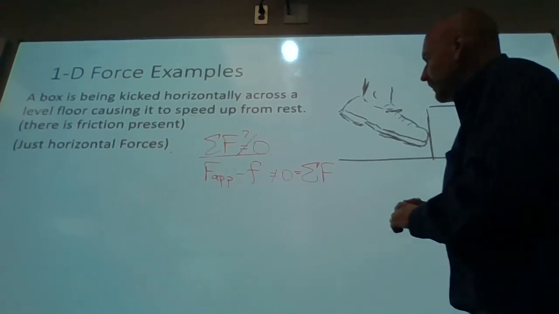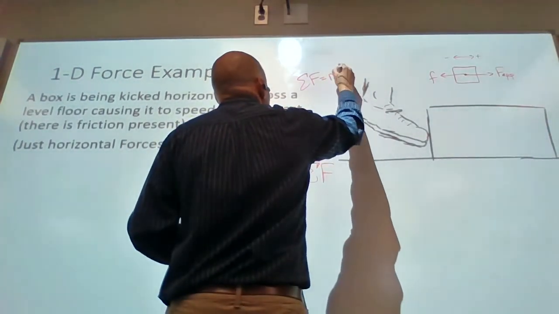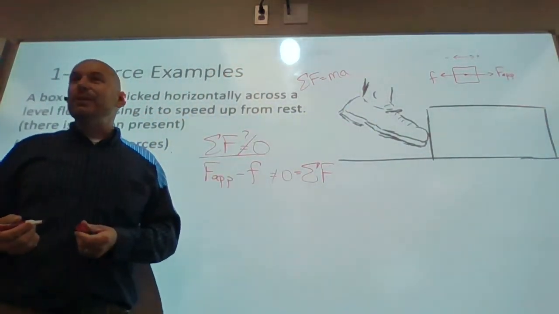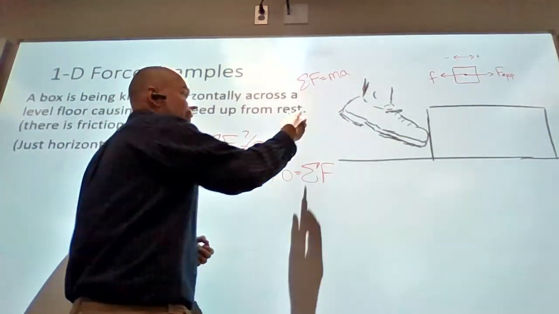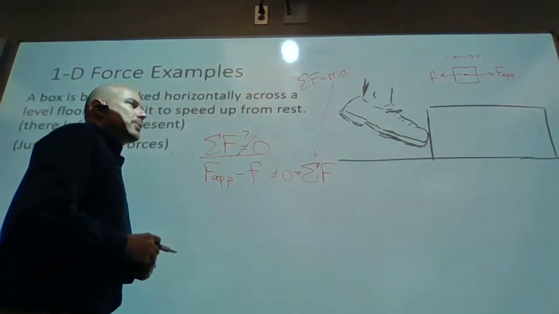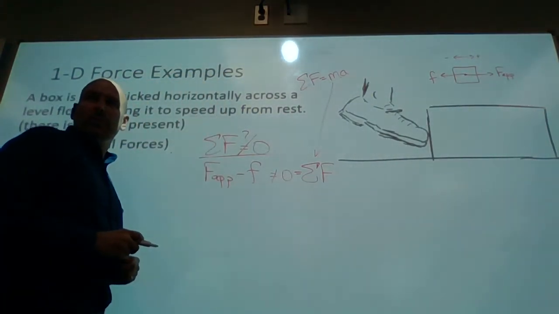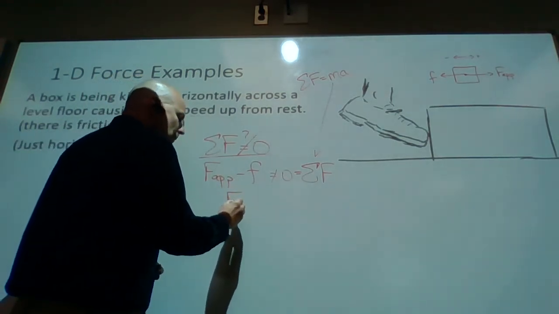Now, Newton's second law says this. The net force, the total force, is equal to mass times acceleration. So I can substitute mass times acceleration in for the total force.